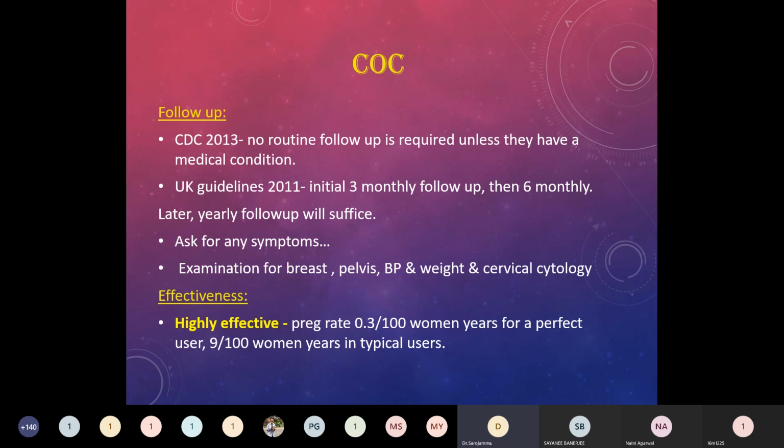Yearly, they have to be called after the initial 3 months and 6 months follow-up. Effectiveness is, as we already discussed, highly effective, 0.3 for a perfect user.